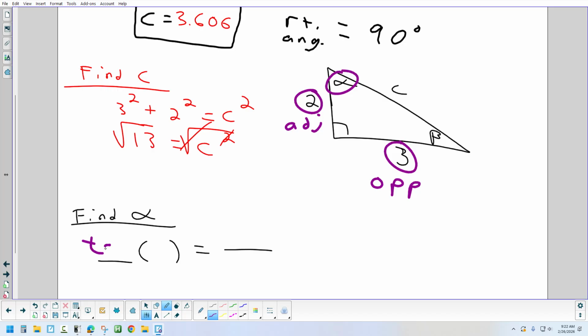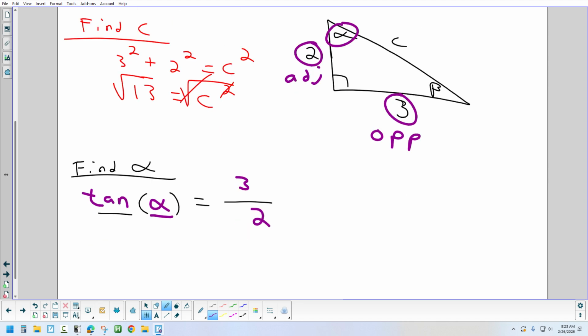Tangent. So it's going to be tangent of, and what's the angle that I'm going to fill in? Alpha. That's the big difference in this kind of problem. The variable is not going to be in the fraction. It's right inside the trig function. So we've got tangent alpha equals, and what's the fraction on the other side? 3/2.